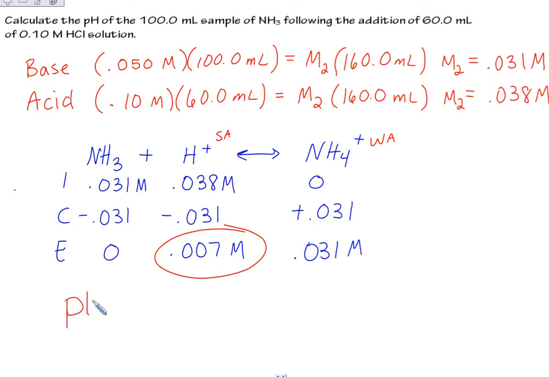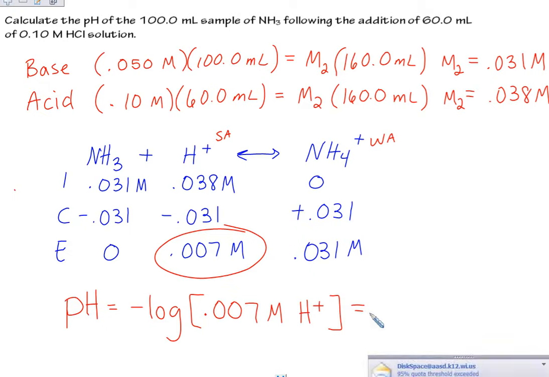You can really just go pH equals opposite log of that excess hydrogen molar. Oh, I like that. We can plug it in our calculator. Opposite log 0.007. And we'll maybe say the pH is 2.2.